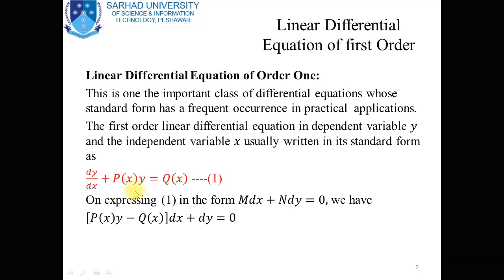On expressing equation number 1 in the form M dx + N dy = 0, where M is a function of x and y, and N is also a function of x and y, we have (P(x)y - Q(x)) dx + dy = 0.